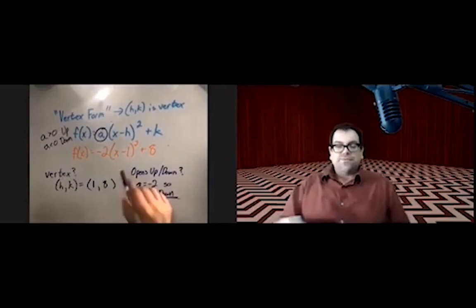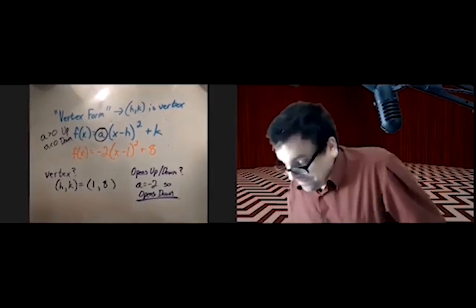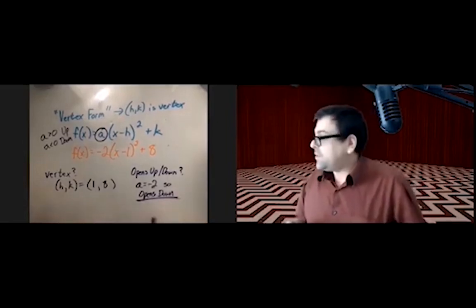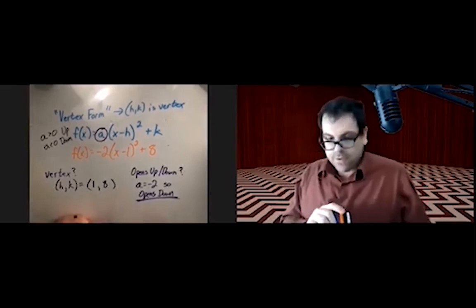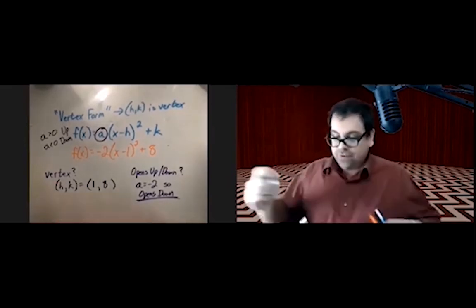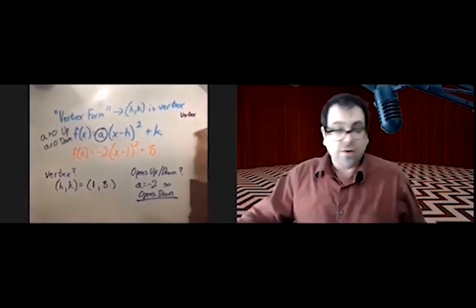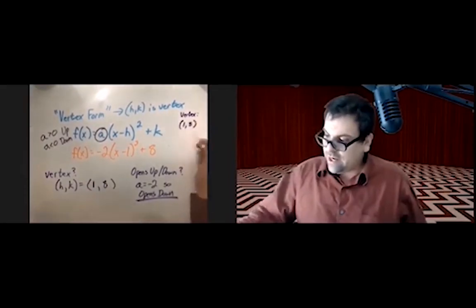So far with vertex form, we've been able to find the vertex, 1, 8. We have been able to determine whether it's a parabola that opens up or opens down. And it opens down. I'm going to keep track of the things we've found over here on the very right. Vertex 1, 8.